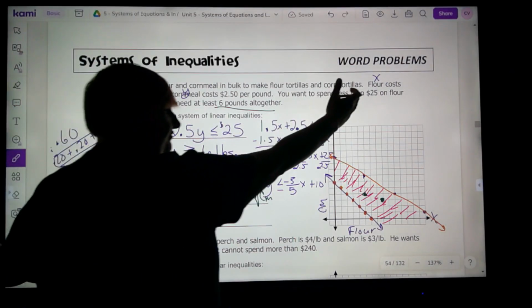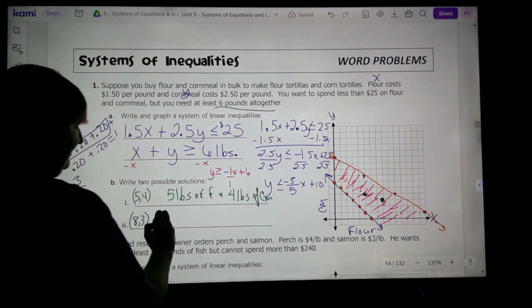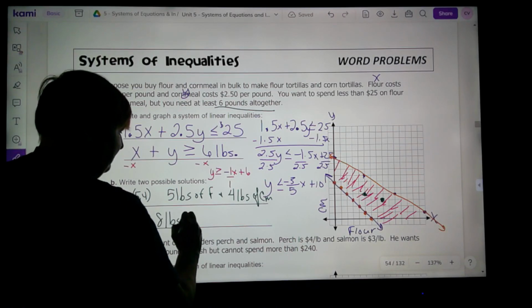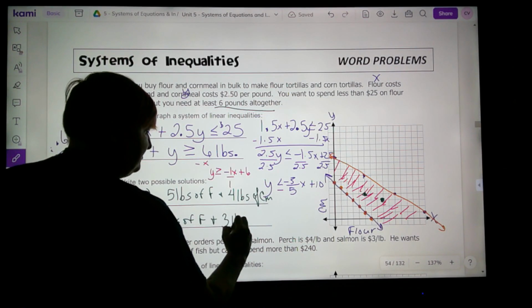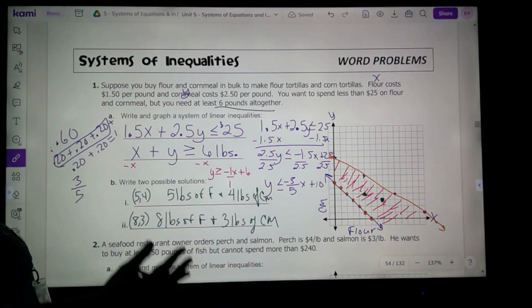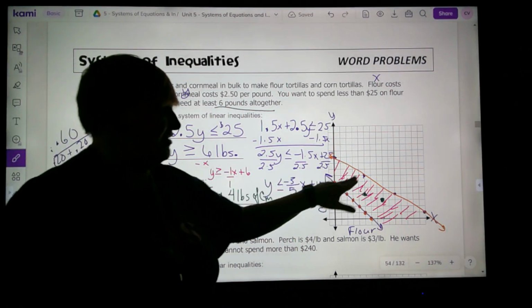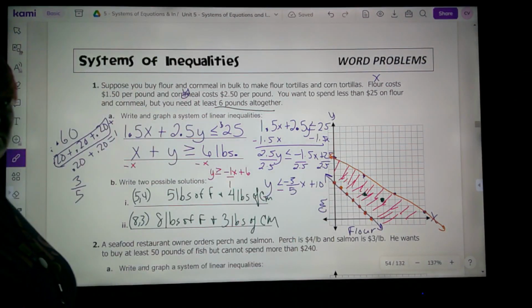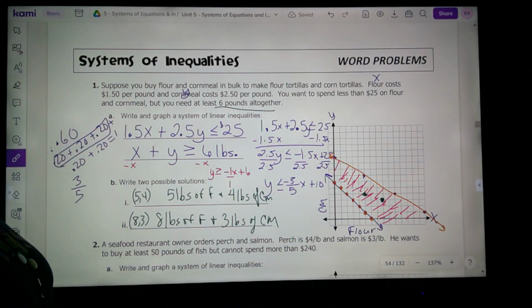We stayed under $25. So 8 and 3 is 8 pounds of flour and 3 pounds of cornmeal. Again, we got more than 6 pounds, but we stayed under $25. These are all of your possible answers, everything in between those 2 lines. Anything on the line is also a possible answer, because it's equal to.